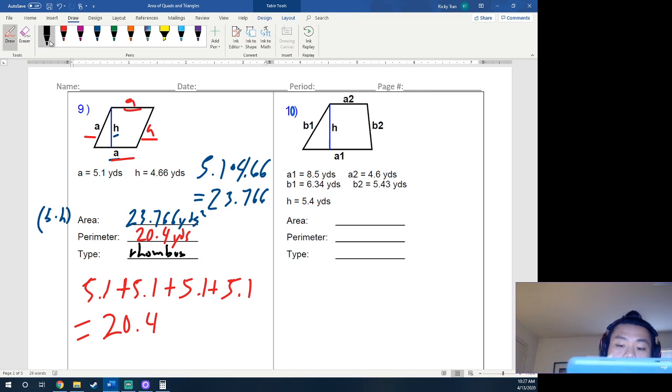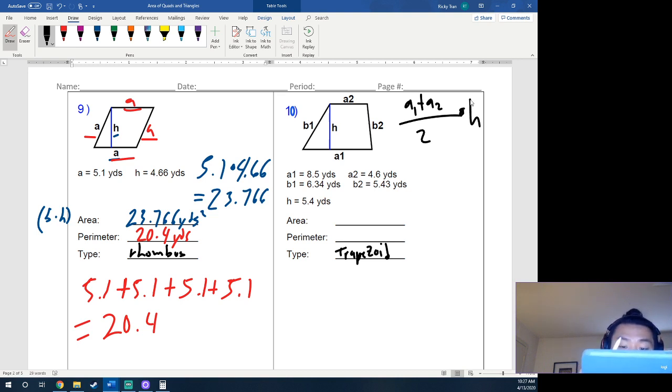Number 10 is a trapezoid. And a trapezoid, again, is base 1 plus base 2, or in this case, A1 plus A2, divided by 2 times height.